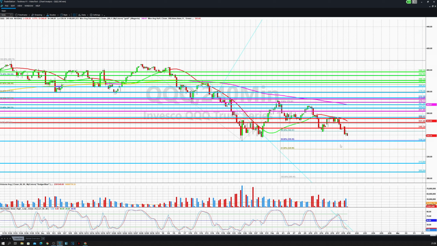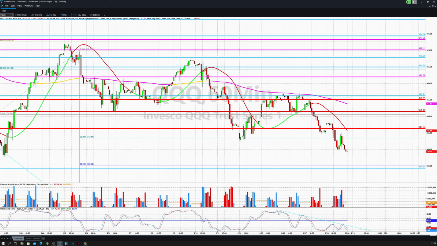But I think that we are near the end at the moment, and if we go to this 1 hour chart, let's see, you can see it almost touched it, so it means that we are going in a good direction, moving down, and then we will break it.